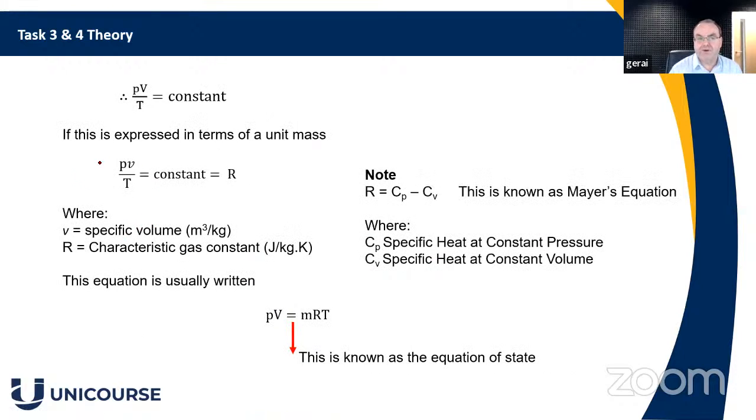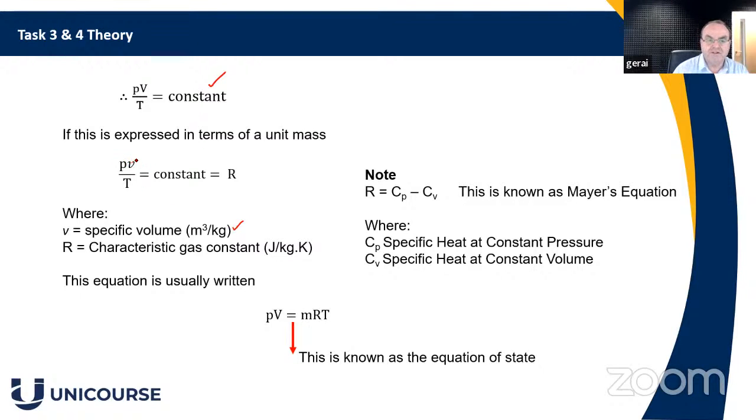So we know that P times V over T is a constant. Right, we're happy with that. So it'd be useful to call this constant something, and just calling it a constant is a bit odd, isn't it? So what we do, if we do this per unit mass, per kilogram, then we can change the volume to its specific volume, which is meters cubed per kilogram.